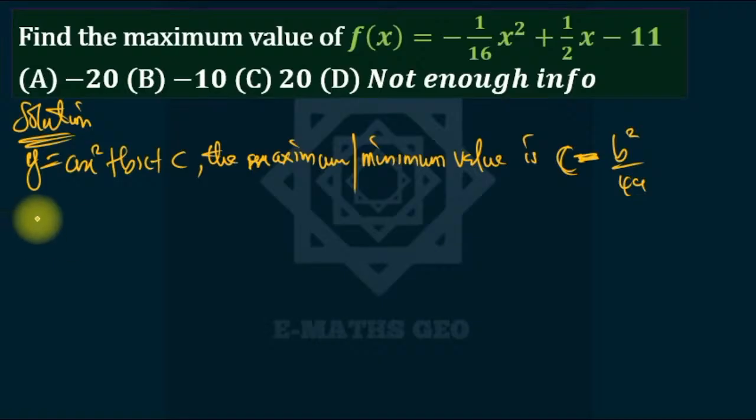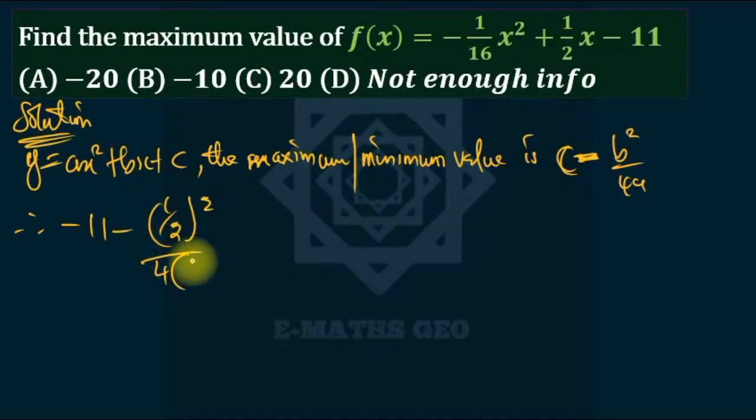So therefore, for this we see that the maximum value is c, which is minus 11, minus b squared. b is half, so half squared over 4 times a, which is minus 1, over 16. So this is minus 11 minus, this is 1 over 4.